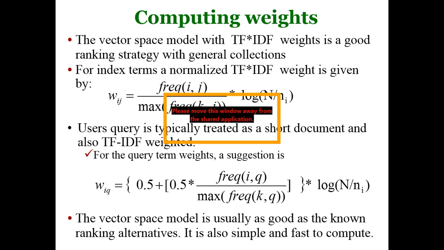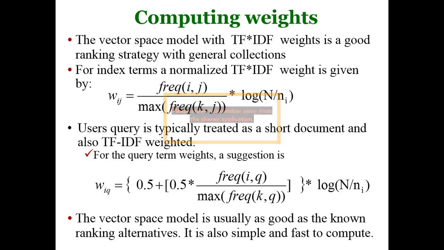Then multiply with the inverse document frequency, logarithm of the total number of documents in the collection divided by the document frequency of the term. So the normalization and the inverse document frequency that we are considering are the same as the normalization and the inverse document frequency we used for the terms identified from the document.